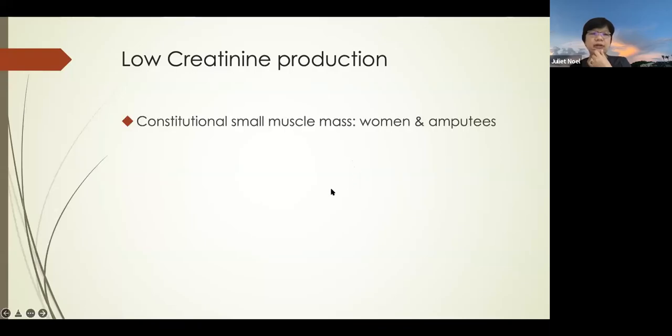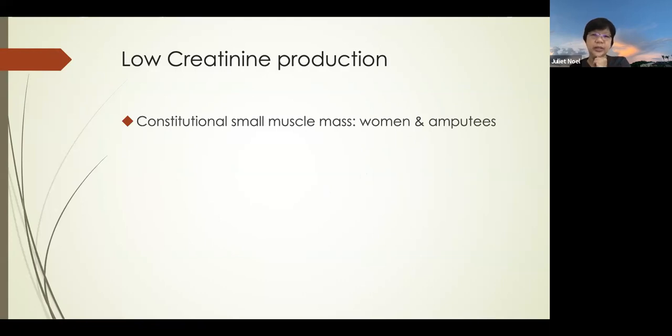So low creatinine production, we see this in constitutionally small muscle mass, like in women and in amputee patients. A patient with diabetic kidney disease usually has wounds, then may have amputation below or above the knee.